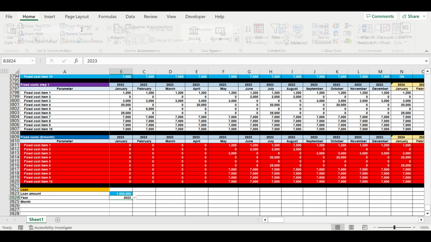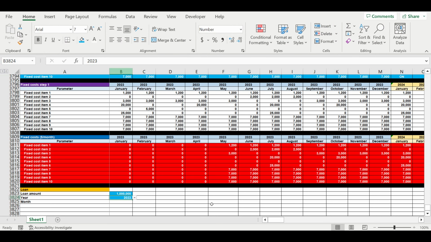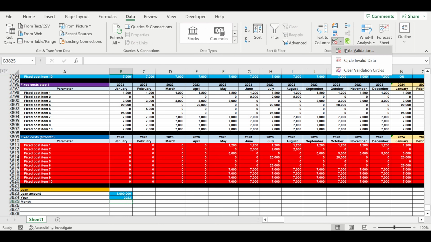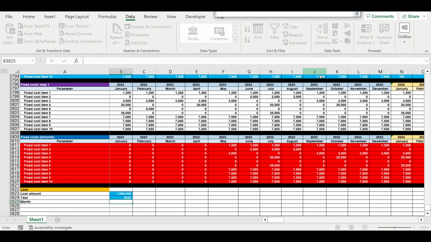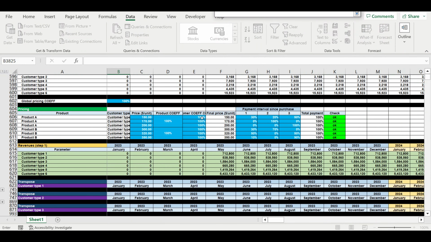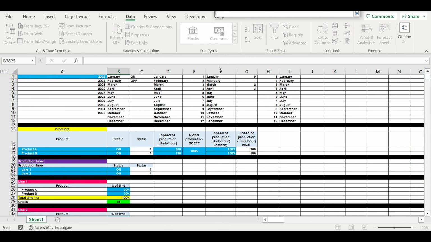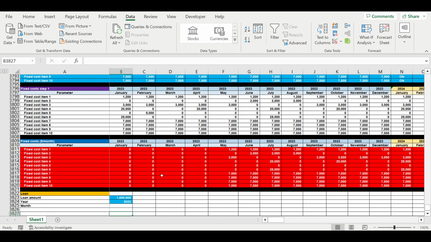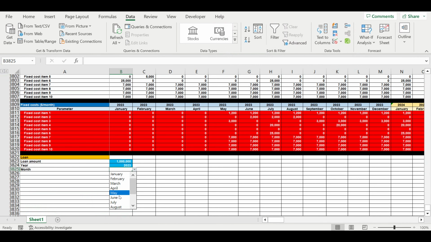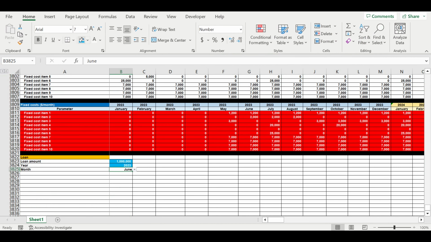This is an input as well, so I'm coloring it blue. Then for month, I will do data validation as well. Let's say we get this loan in June, and this is the input.